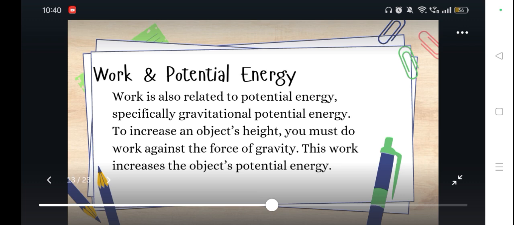Now, how is potential energy related with work? Work is also related to potential energy. Specifically, this type is called the gravitational potential energy. So to increase an object's height, you must do work against the force of gravity. So this work increases the object's potential energy.